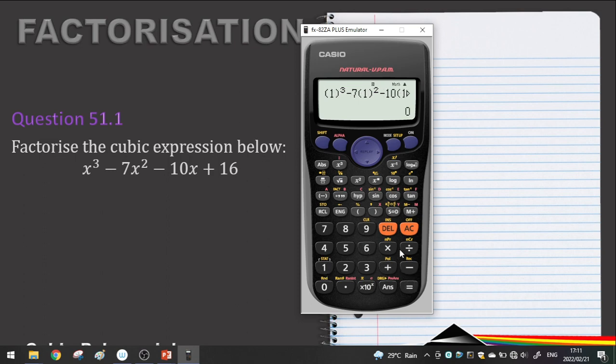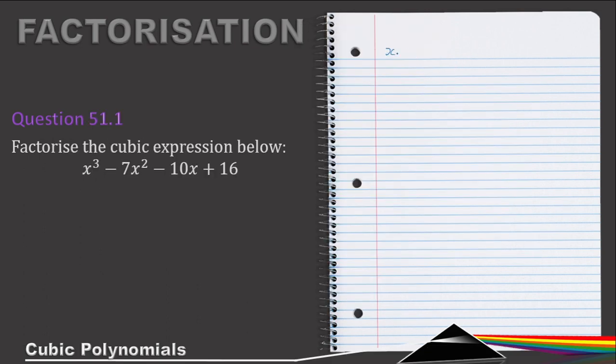Okay, so the first one worked. So 1 is going to give us 0 when we substitute it in, and that means that x minus 1 is a factor.